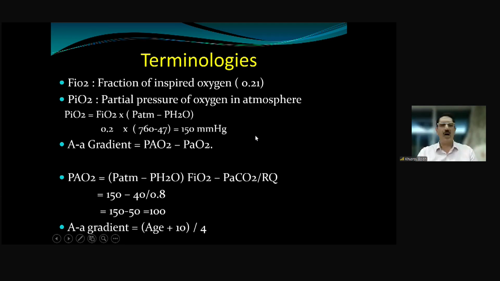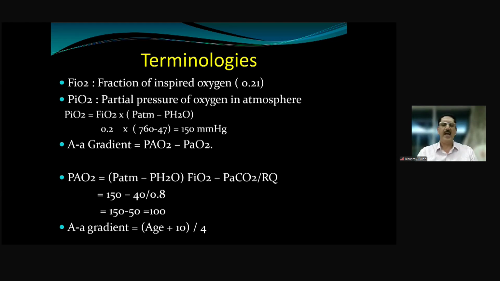The alveolar arterial gradient is nothing but the alveolar oxygen minus the arterial oxygen. And this is nothing again but the PiO2 minus PaCO2 upon the respiratory quotient. And therefore, it's 150 minus 40 upon 0.8, which comes to 100. So our alveolar pressure of oxygen is about 100.